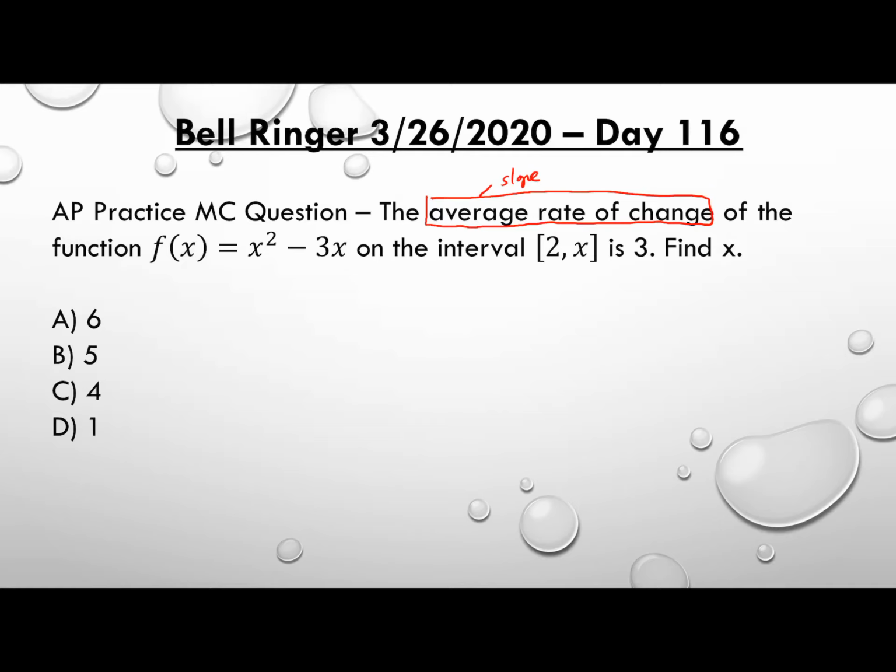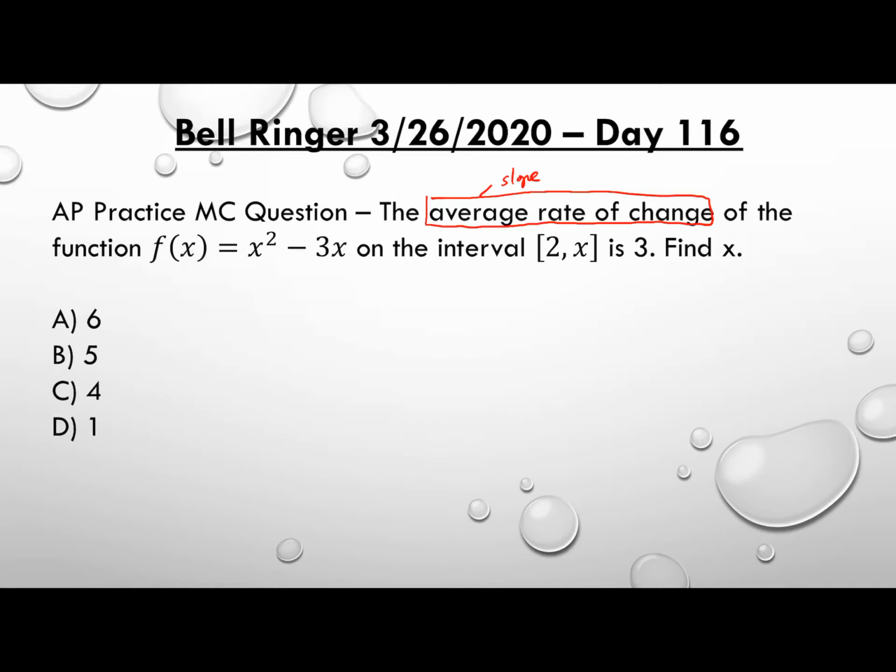So this is basically saying that the slope of the function on the interval 2 to x is 3. If the slope is equal to 3 on that interval, what does x have to be equal to?